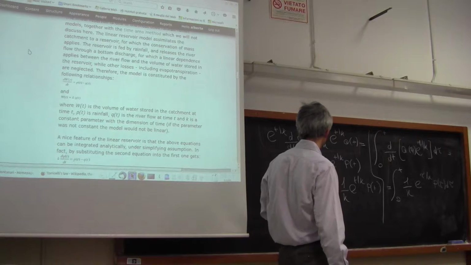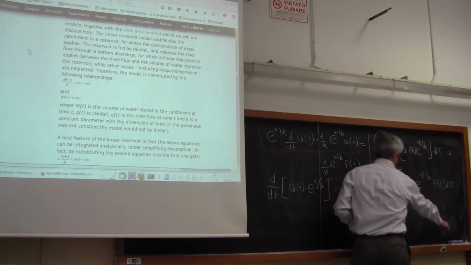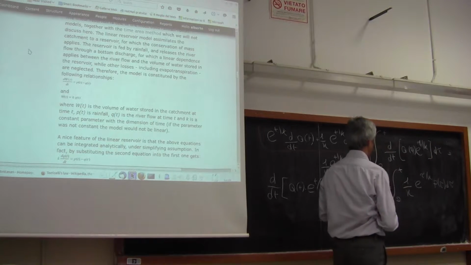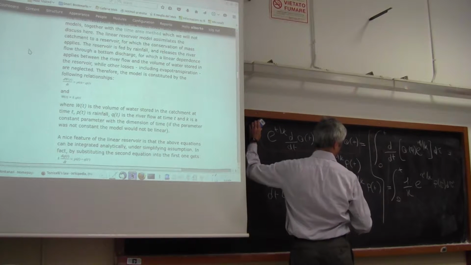Okay, now it's very easy to compute this first integral because it's equal to the argument of the derivative. So basically, now I need to delete here.